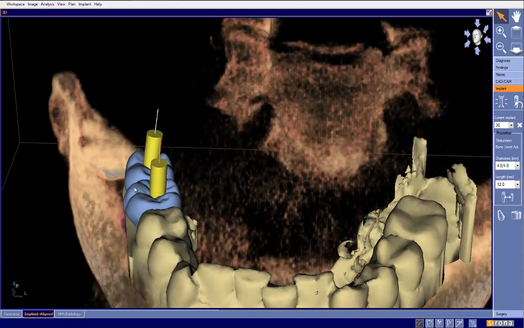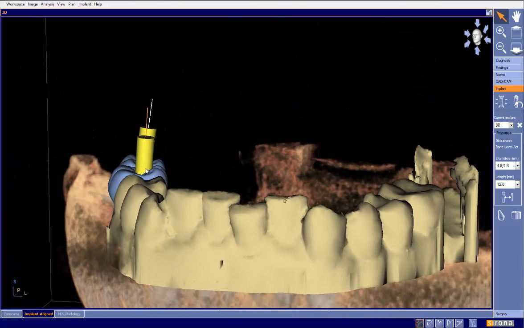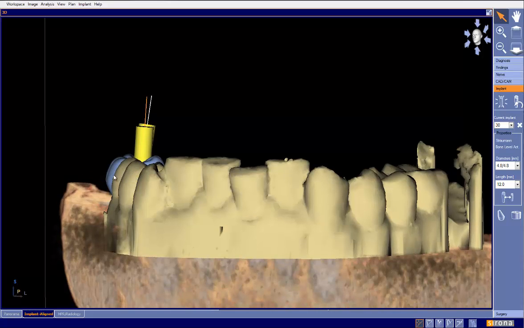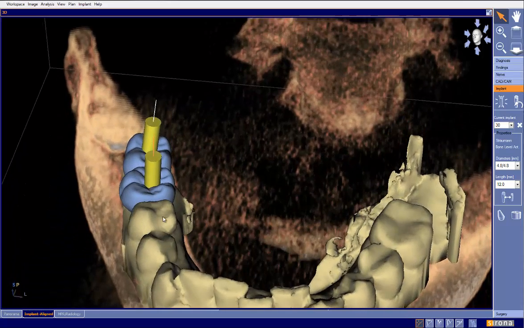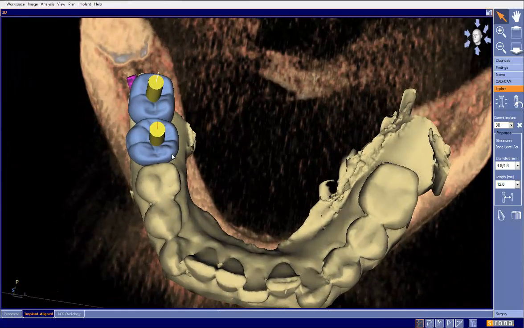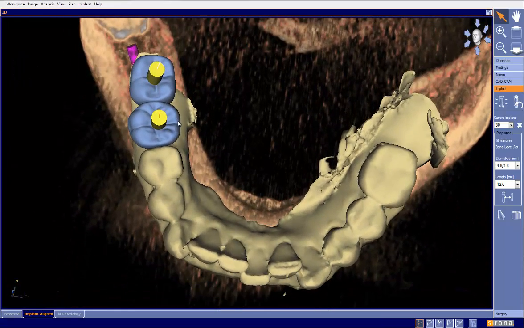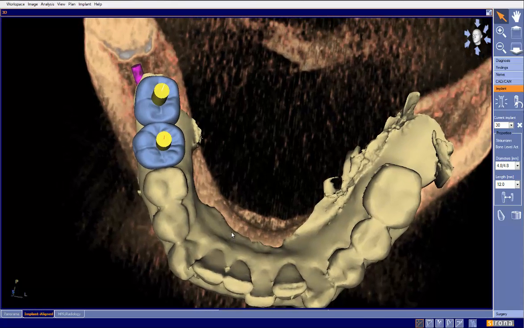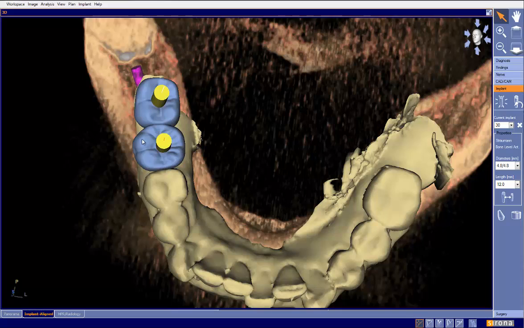So I can't use this buccal lingual dimension as being accurate. I'm going to go based on the central groove of the adjacent teeth, and I'm going to subtract that area because we don't want that implant restoration to be that wide. And even on the lingual, to be quite honest, I would want that to be brought in just a little bit. But certainly on the lingual here, it's very nice. On the buccal here, it's definitely too far out.